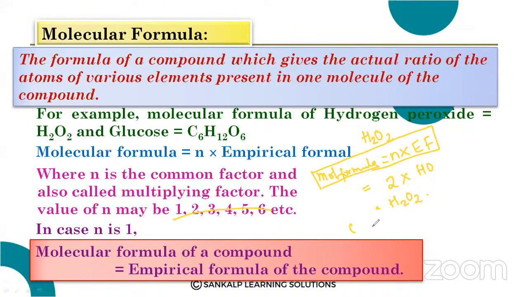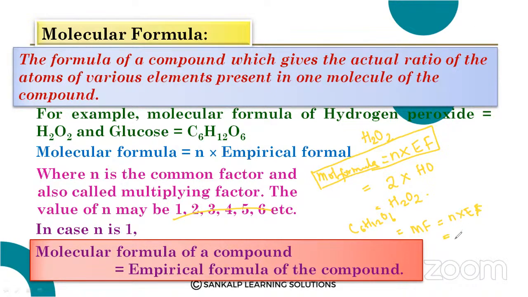Then again, in case of C6H12O6, right? So how to find out? Molecular formula is equal to N into empirical formula.